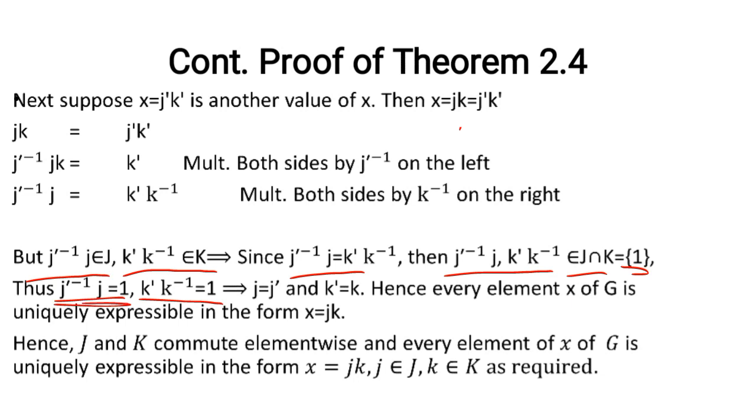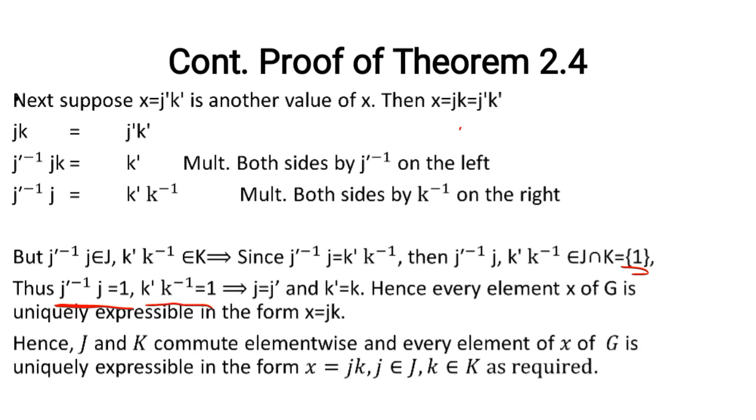So if this term is equal to 1 and this term is equal to 1, all I need to do is multiply this term both sides by, say, j prime inverse. I want to show that the two of them are the same, that is j prime is the same as j, and k prime is the same as k.